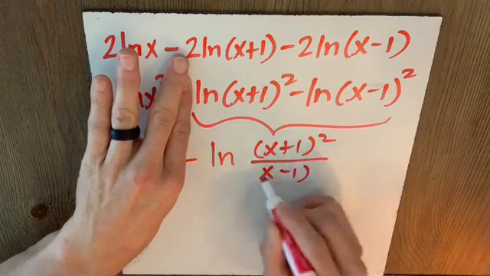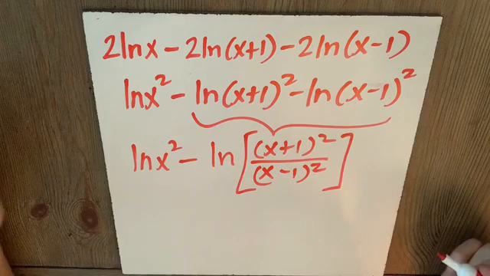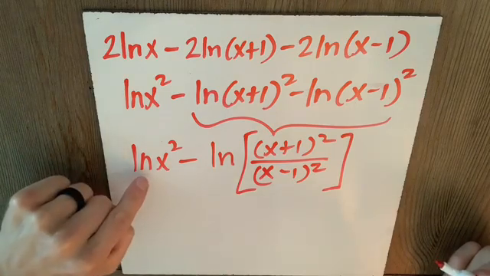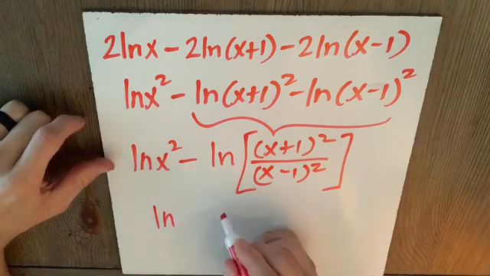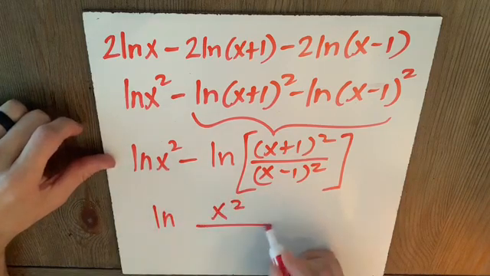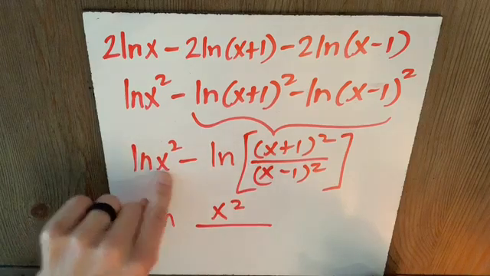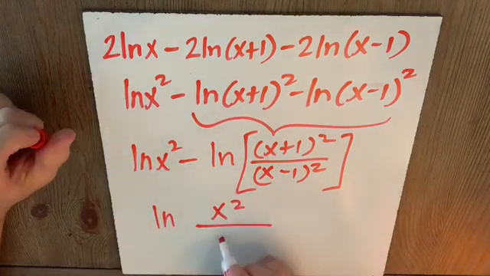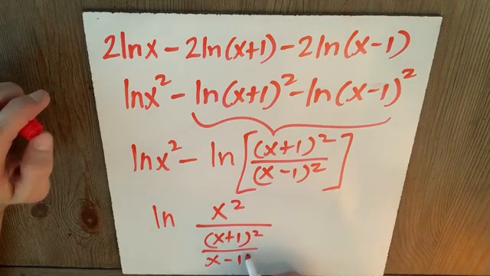I can understand why you would do that because that seems to follow the rules we've made. And then you could say, well, then this is this minus this becomes natural log of x squared over, playing the role of u is x squared, playing the role of v is this monster here, x plus 1 squared over x minus 1 squared.